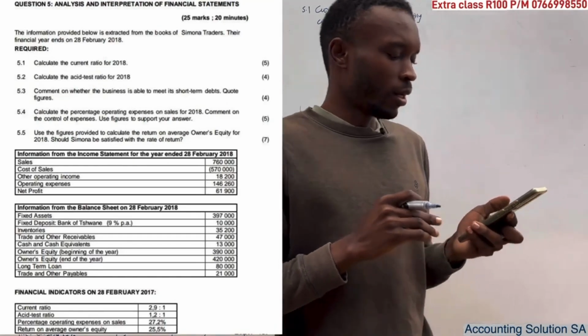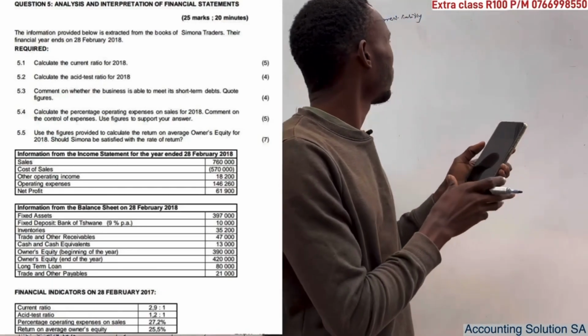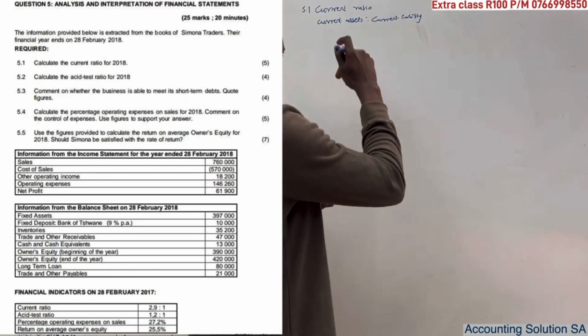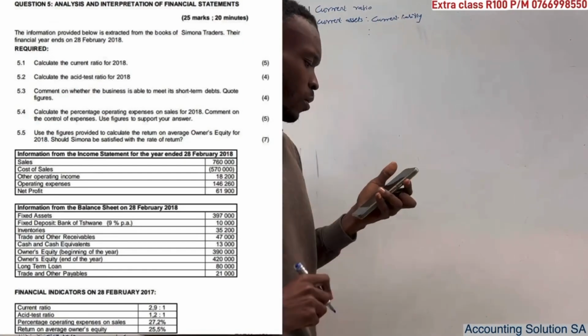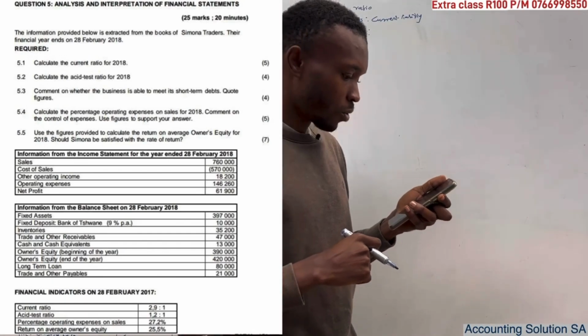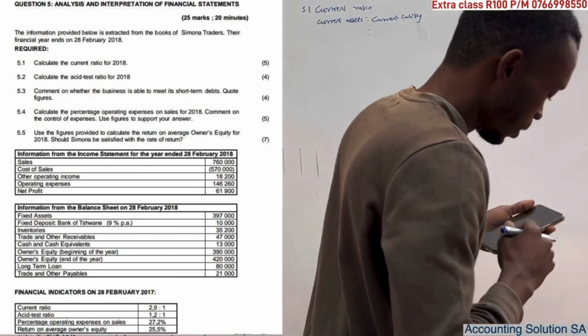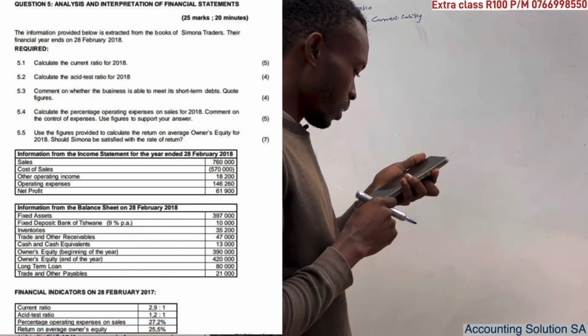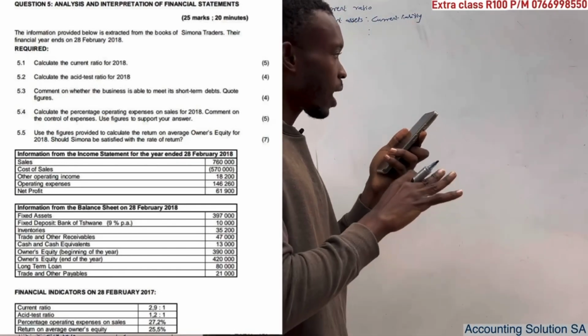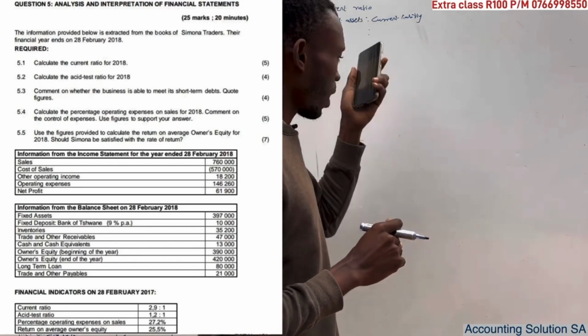All right, now because we know that we have to check current assets and current liability, let's go to our balance sheet. We find this information on the balance sheet, not on the income statement. Under the balance sheet we have fixed assets and fixed deposit, which are non-current. Here we are looking for current.